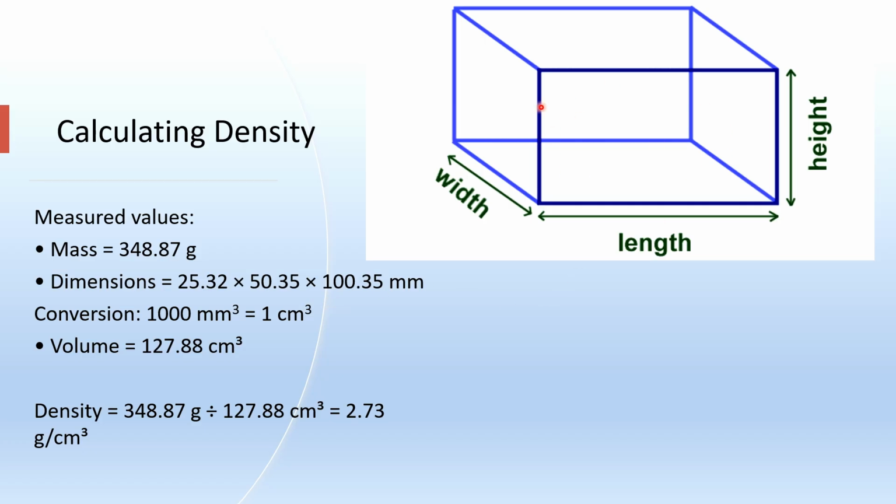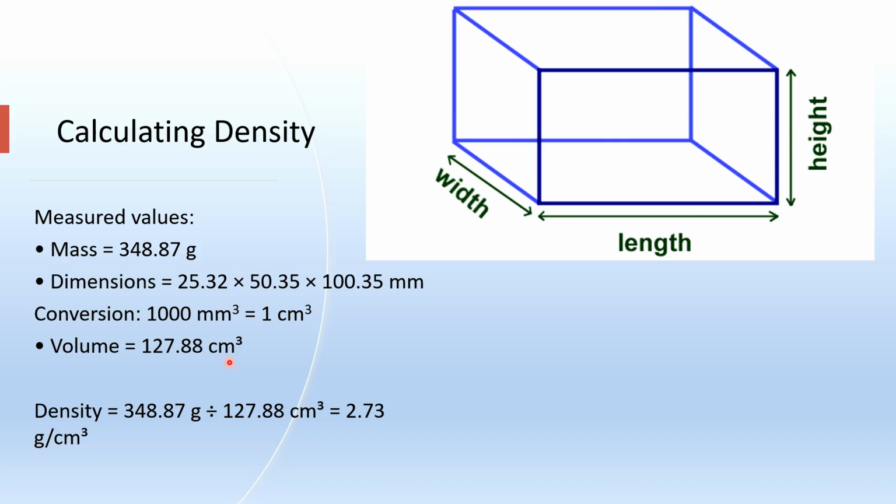Those are the three dimensions of the block. We need to use this conversion factor: 1,000 cubic millimeters is equal to 1 cubic centimeter. So multiplying these numbers together and dividing by 1,000, we get 127.88 cubic centimeters. That's the volume of our aluminum block.